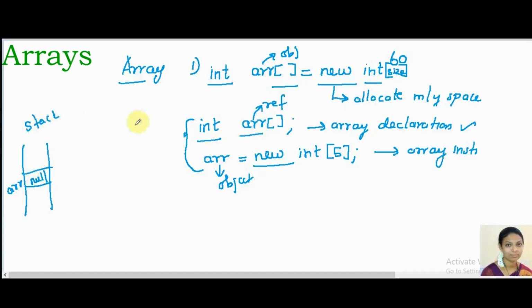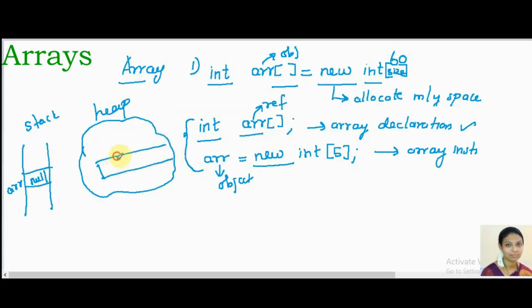After the second line, when I use the new keyword, we already saw the new keyword helps us to allocate the memory. So when I use the new keyword, that time only in the heap memory, you consider this is the heap memory, here I said the size of this array is 5. So 5 integer spaces will be allotted, like this 1, 2, 3, 4, 5.